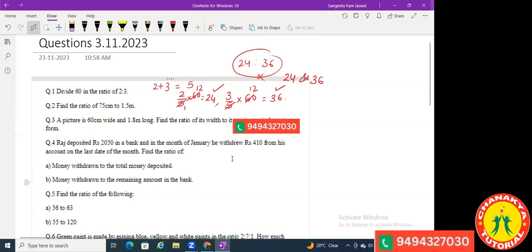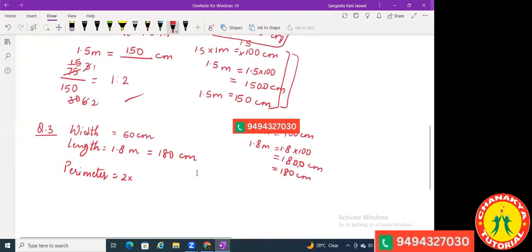So I'll find the perimeter. Perimeter of a rectangle is 2 into length plus breadth, which is equal to 2 into length is 180 plus width is 60. So this becomes 2 into 240, which is equal to 480 centimeters.